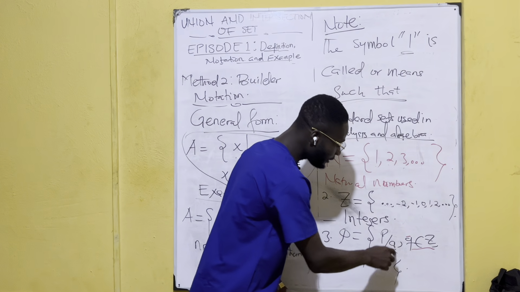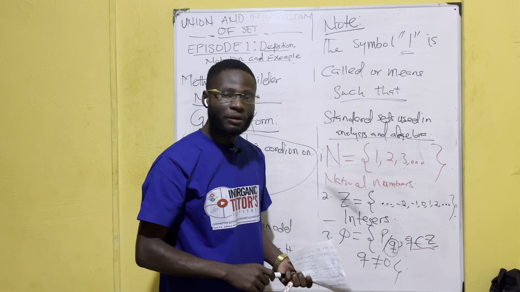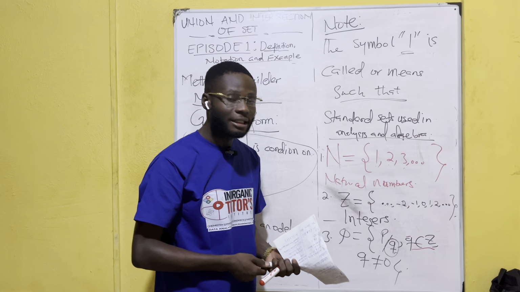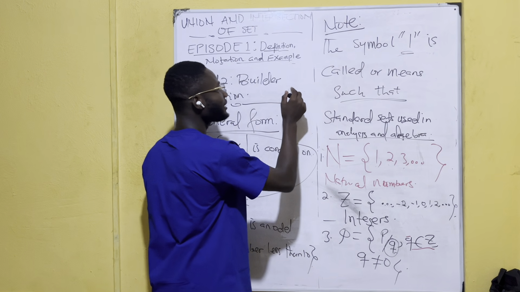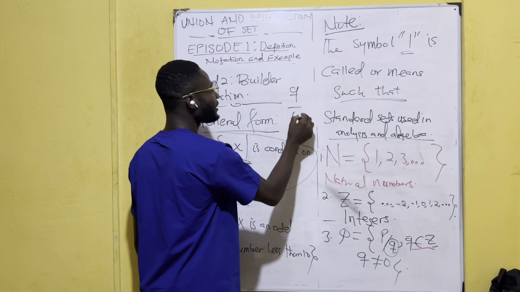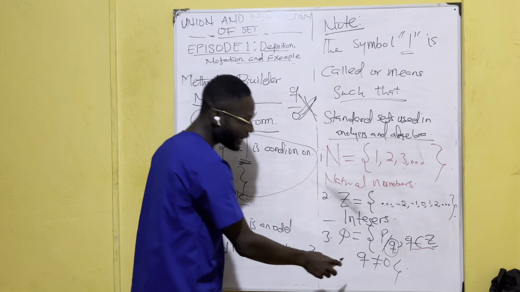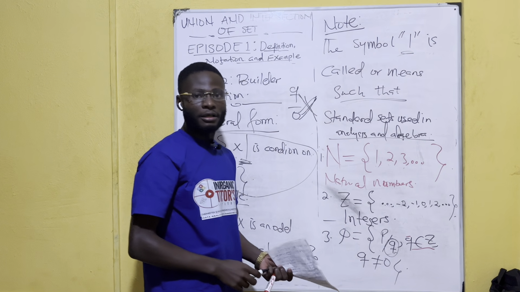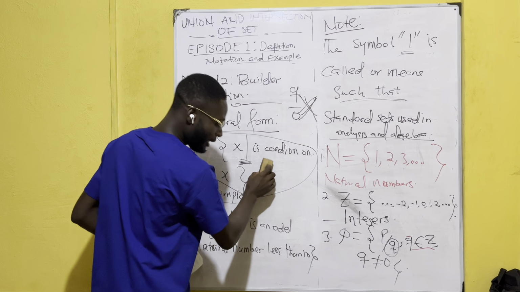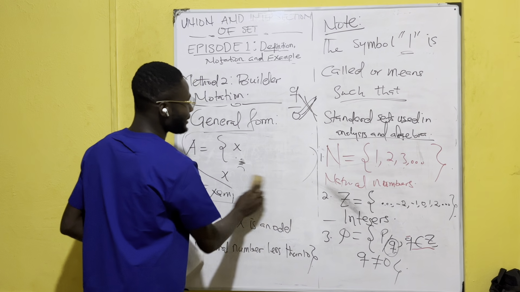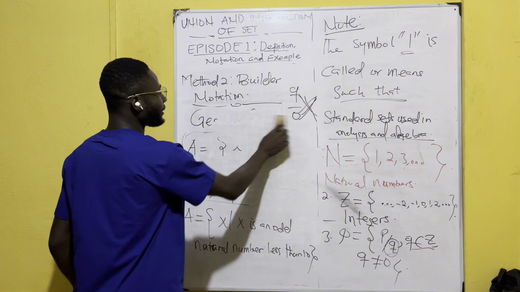If q is 0, then the thing is not defined and is not a rational number. You know from your basic school that if you have something over 0, this is undefined. So q should not be 0 in any case. So that is a little bit you have to know about the standard sets used in analysis and algebra.